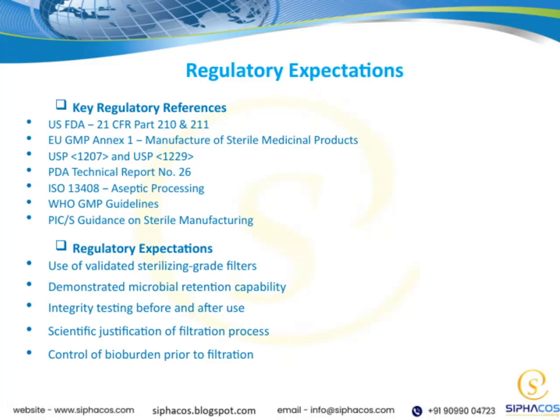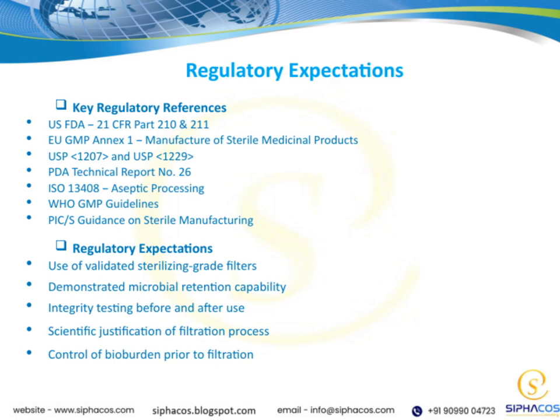Let's take a closer look at the regulatory expectations that guide our sterile manufacturing processes. First, there are several key regulatory references we should be aware of, including the U.S. FDA's 21 CFR Part 210 and 211, which set the foundation for good manufacturing practices.